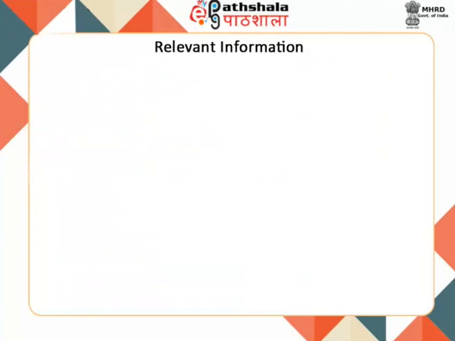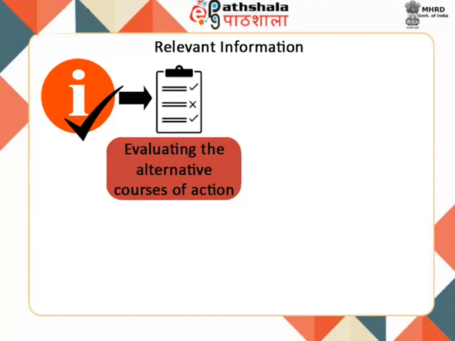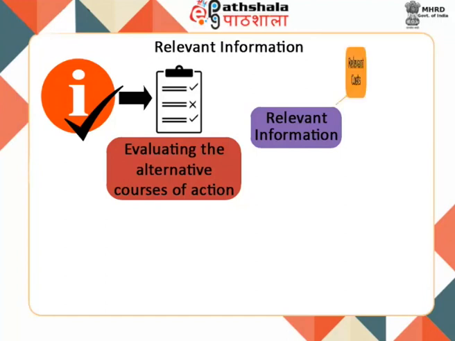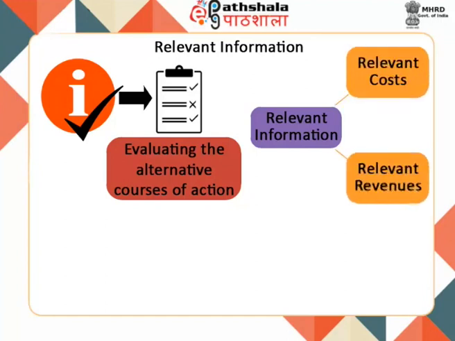In managerial decision making, only relevant information should be used by the managers in evaluating alternative courses of actions and taking the final decisions. Relevant information implies relevant costs and relevant revenues, which are useful to evaluate the alternatives.